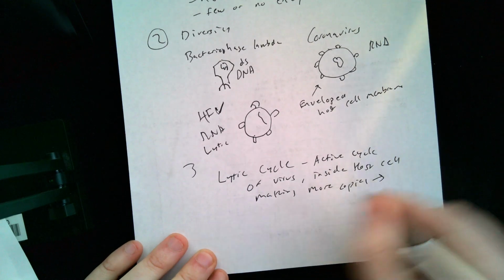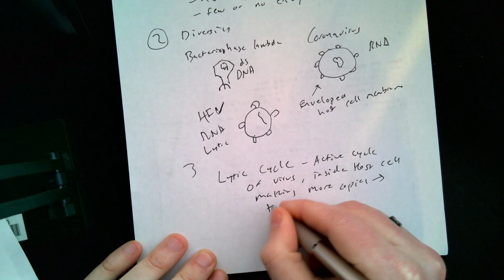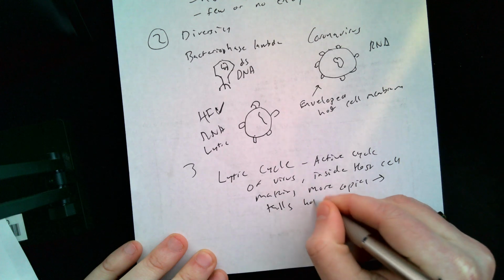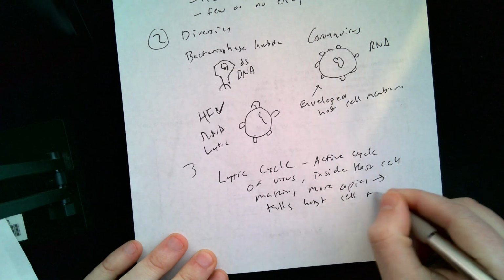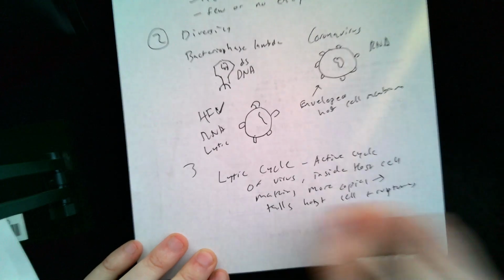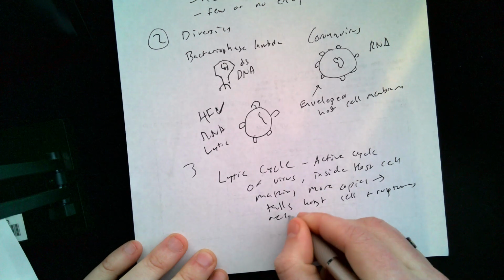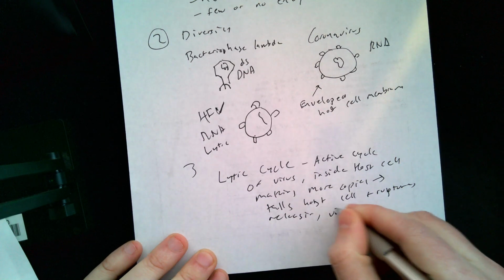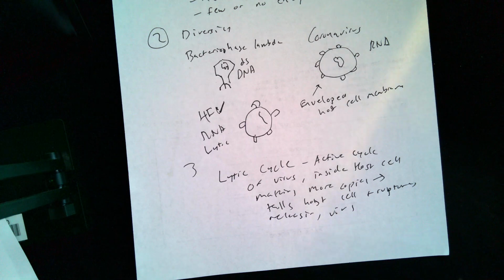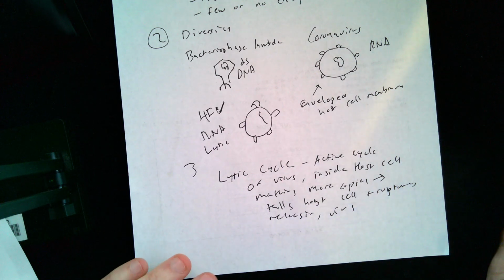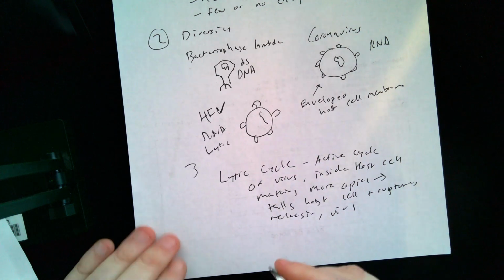And then it typically kills the host cell and ruptures it, thus releasing the new virus. And then that can go infect a new cell, and then it will do it again.